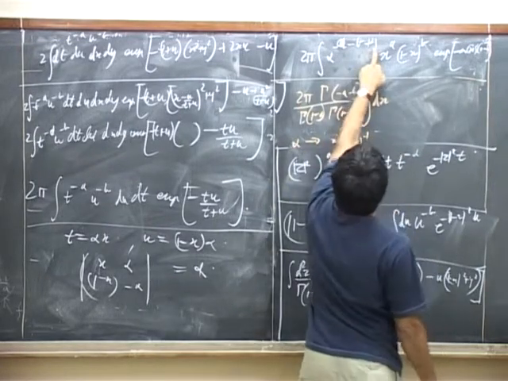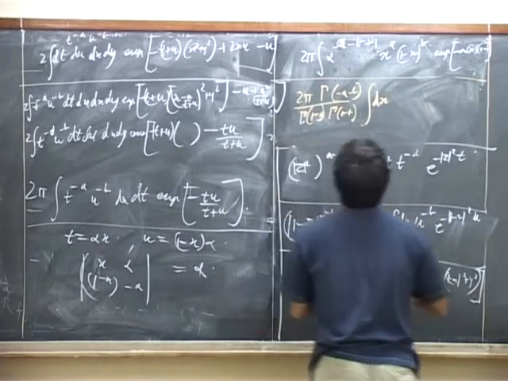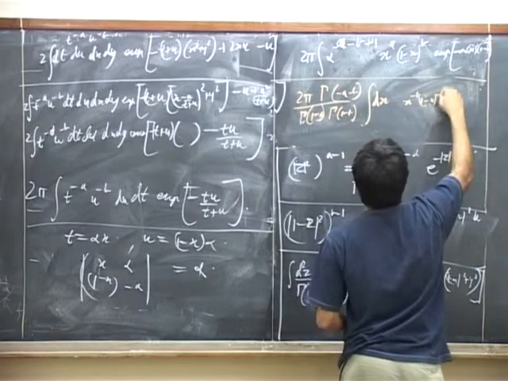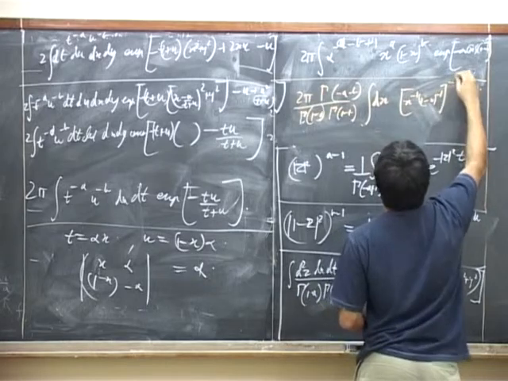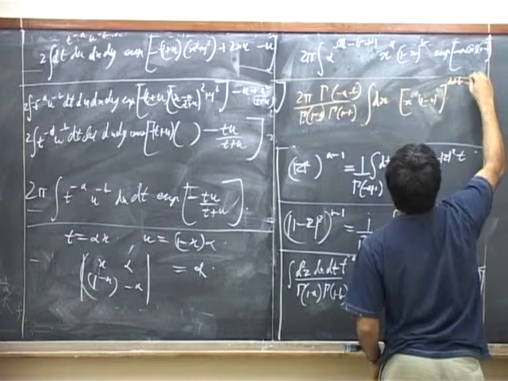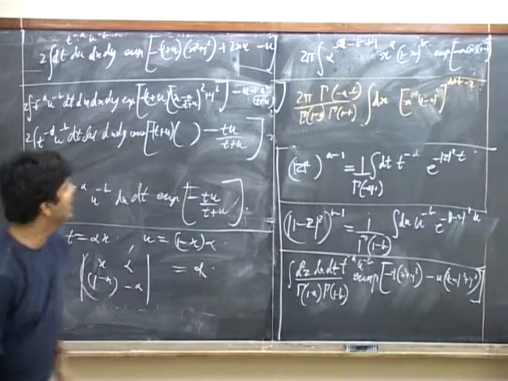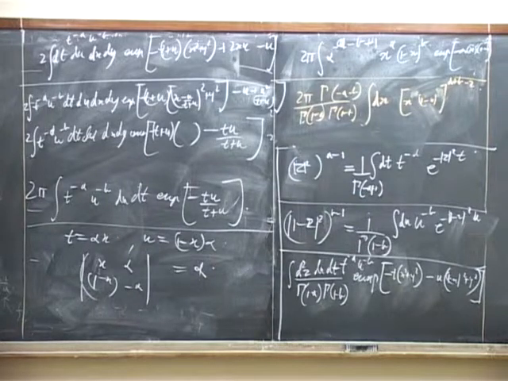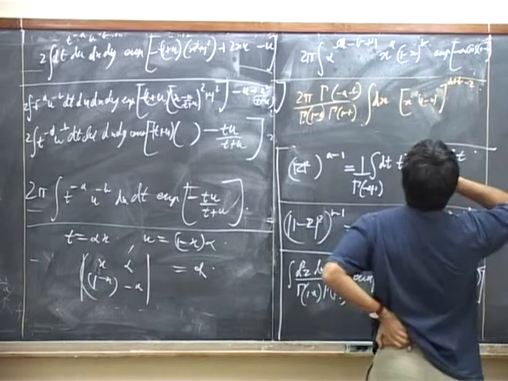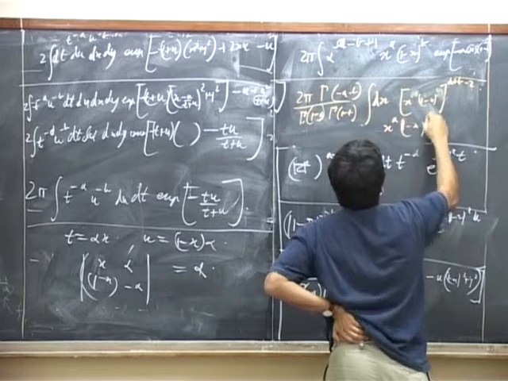So this should be replaced by x to the power minus 1, 1 minus x to the power minus 1 to the power a plus b minus 2, because there was a d alpha in there. And we have x to the power a, 1 minus x to the power b.